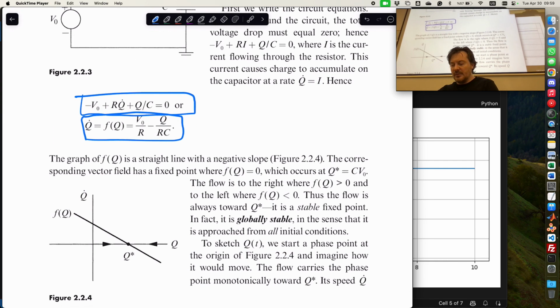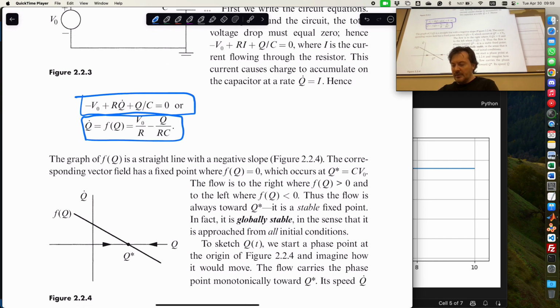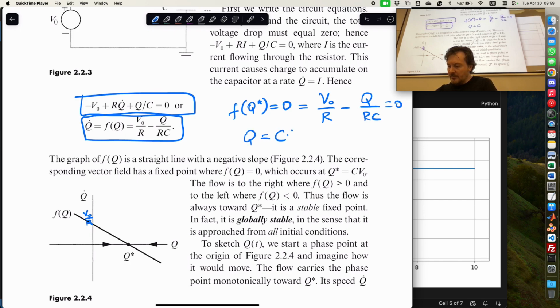What does it mean? It means that you start from somewhere here, v0 over r, and you go down to q star. And q star is when f of q is 0, which means that v0 over r minus q over rc is 0, which means that q equals c times v0. So this tells you that there is only one fixed point and it's stable.